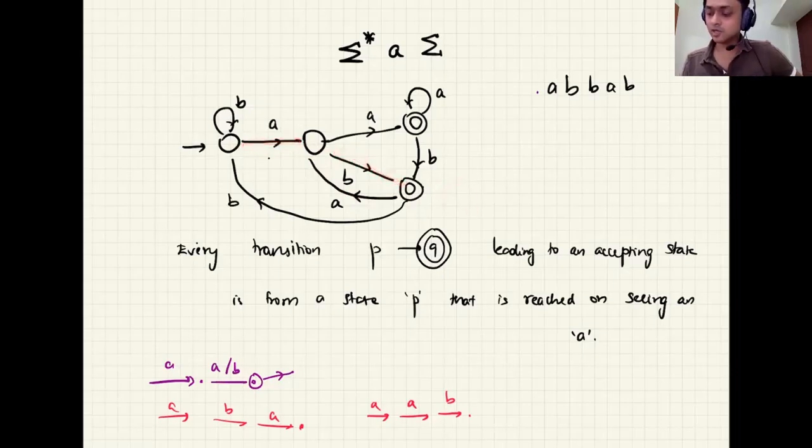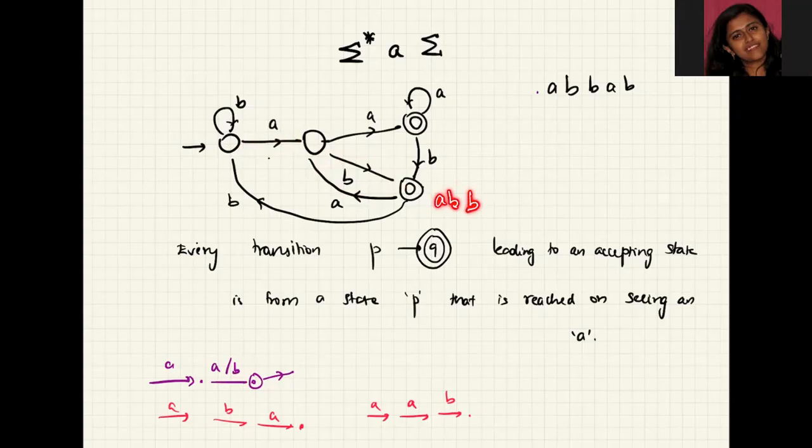So I should have given names to the states. So this is AB, the last two letters that you have seen. Now, if you see a B, you will be reading ABB. It's like you have reset everything, because then you have to once again see an A and then see a B. ABB is not accepted.